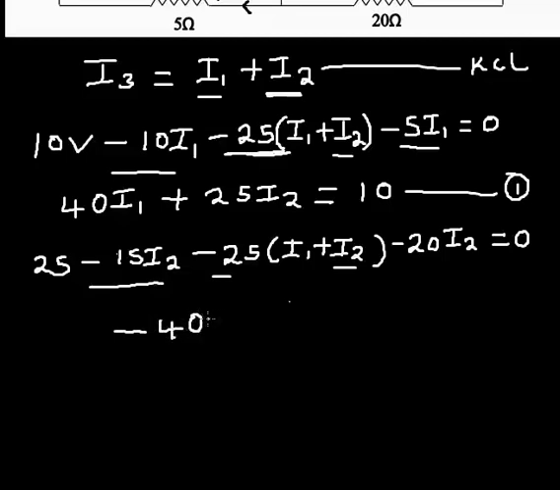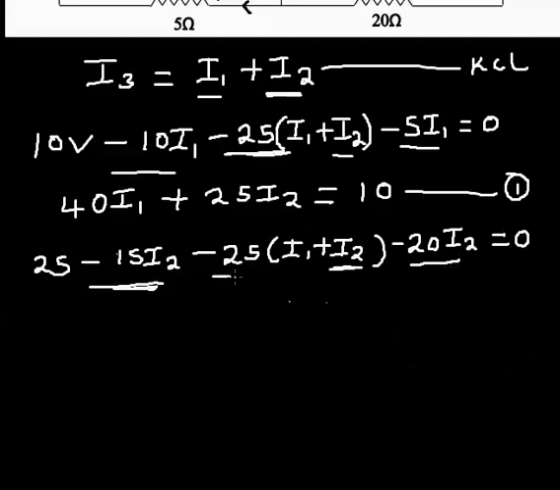By the way, I'm going to move everything to the other side. So I have minus 40 I2. I've not finished adding. This is minus 15 I2 minus 25 I2, that's minus 40 I2, and I still have another minus 20 I2. So that's going to be minus 60 I2. If I move it to the other side of the equation, it's going to be plus 60 I2.